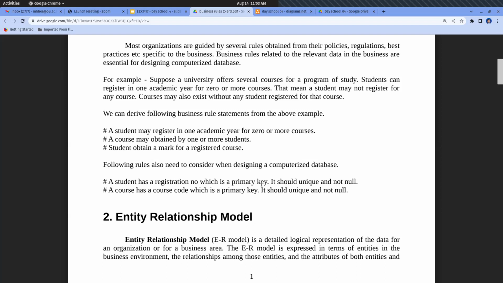A course has a course code, which is a primary key. Each course code is unique, and therefore it is also called a primary key. It should be unique and not null. Each course should have a course code. A course cannot exist without a course code. That is why it should be not null.